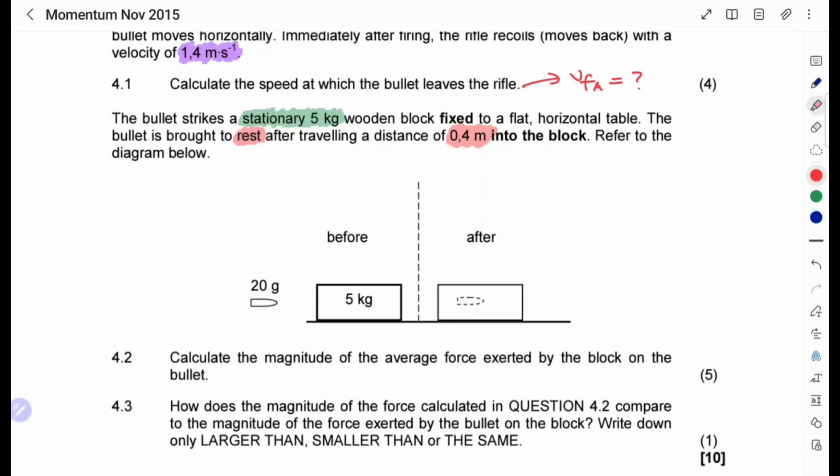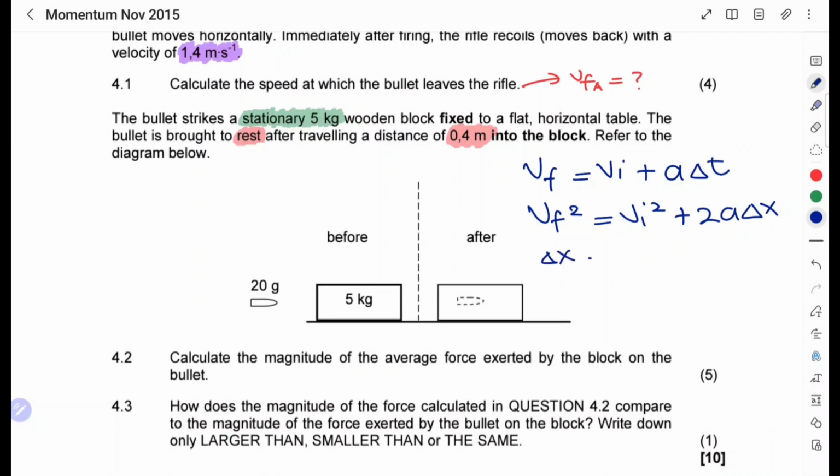Let's make a list of them. We have Vf equals Vi plus A delta t. We have Vf squared equals Vi squared plus 2A delta x.